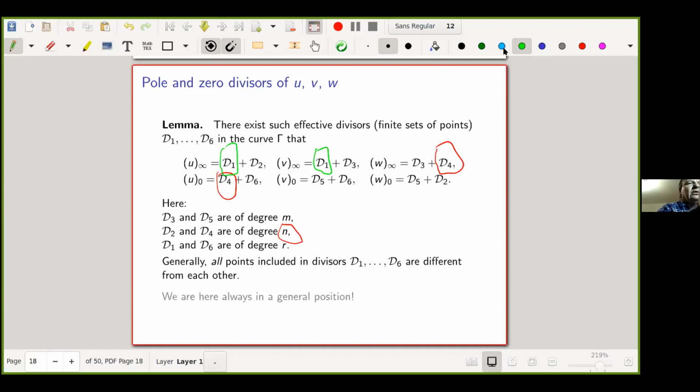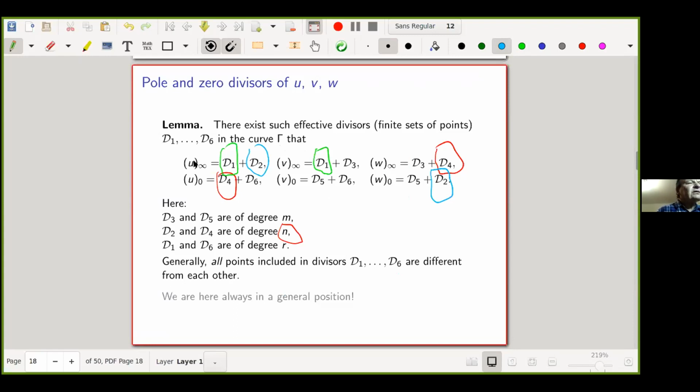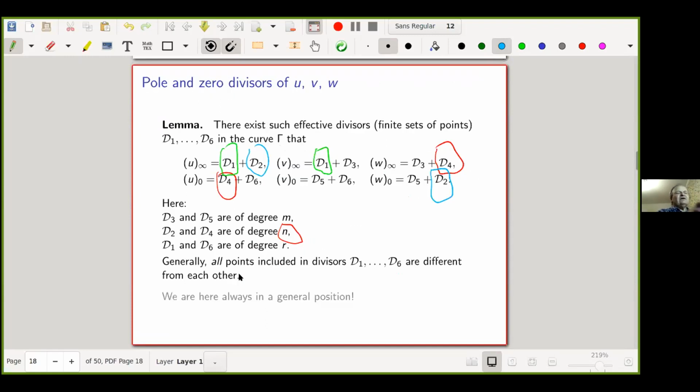D2 is where W is also 0. So if W is 0 and U is infinity, then V is just finite. Some careful consideration gives you this picture as described on this page. And these divisors will be important soon, at least two of them.